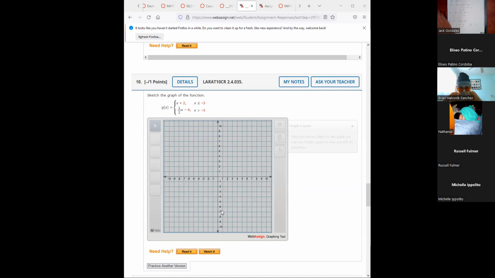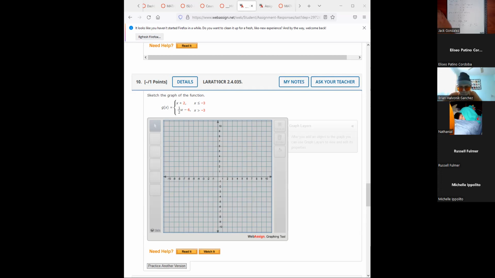Layers. This is a circle function. That's just a point. Okay, so for this question, we know it's going to be open at -2 when I plug in -2 here.